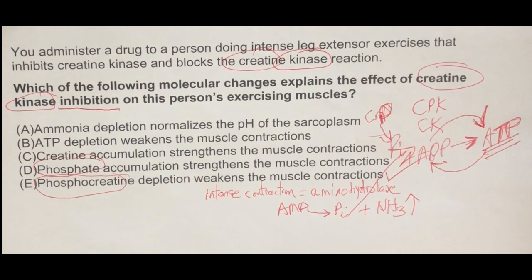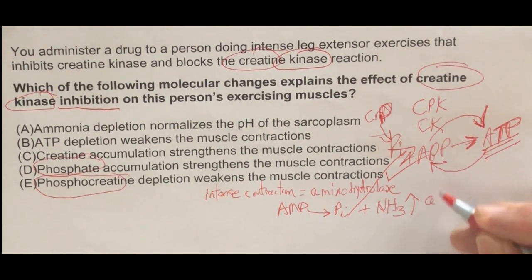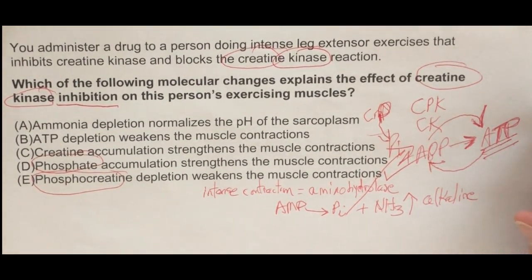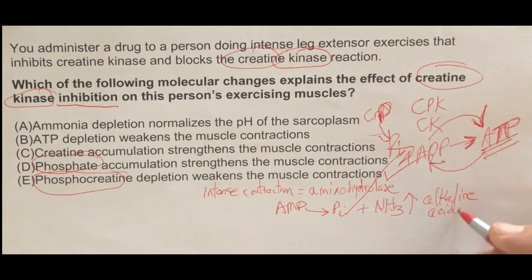Ammonia produces an alkaline environment inside the cell, and ammonia depletion would then produce more acidic conditions.